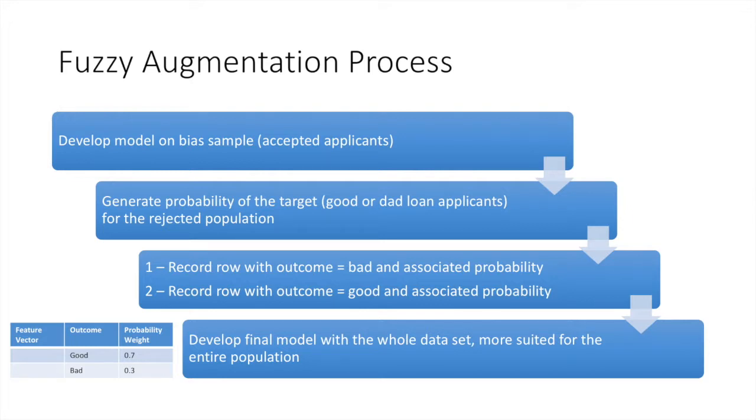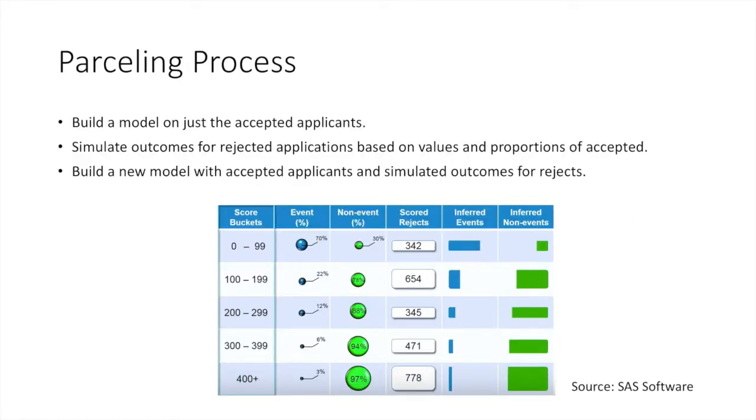Regarding the parceling process, it is very similar in terms of the process itself, but the only difference is in the computation of the probabilities for the rejected applicants. So now we are going to actually simulate the target variable for the rejected applicants, and we are going to use this data again along with the accepted applicants in order to build a final model.